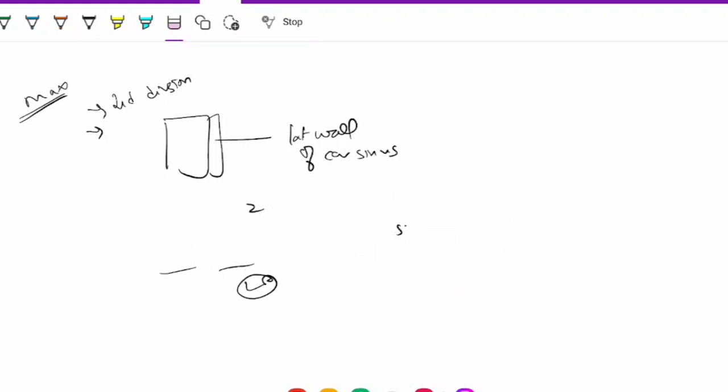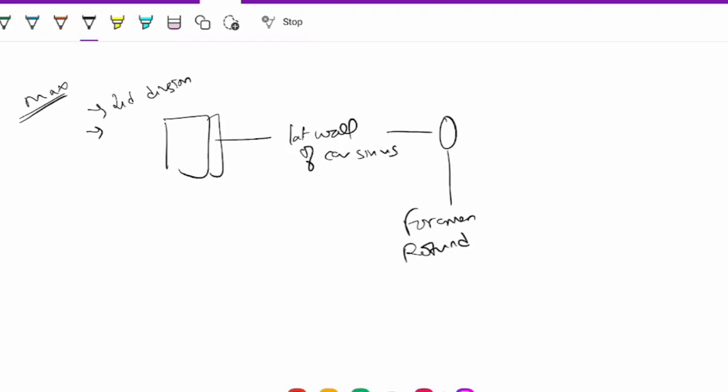So going back, we'll talk about the second division, which travels through the lateral wall of the cavernous sinus, and it comes out through a foramen known as foramen rotundum. It comes out of the skull from a foramen known as foramen rotundum, which is in middle cranial fossa.